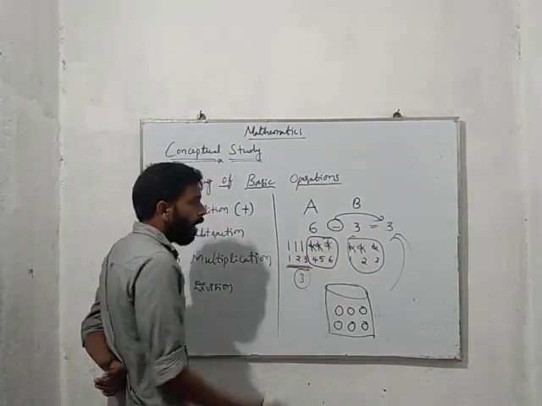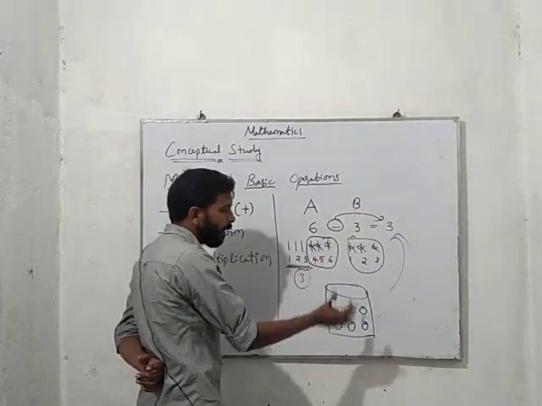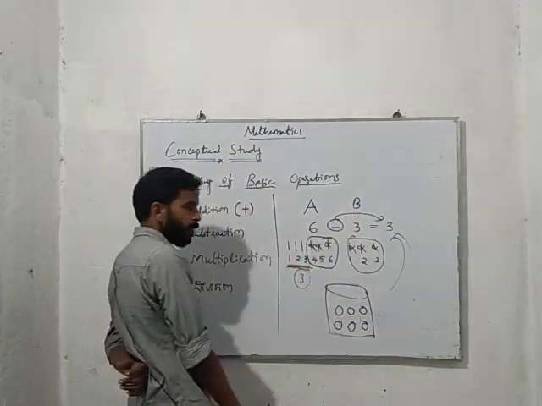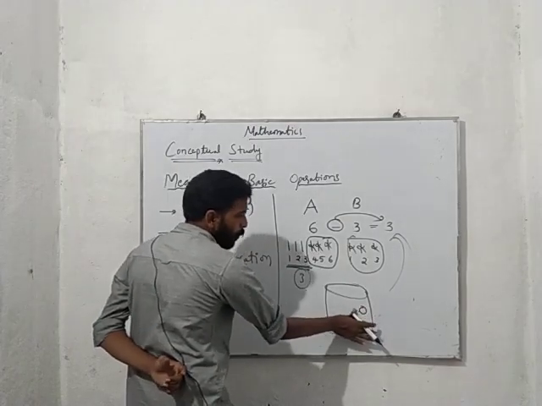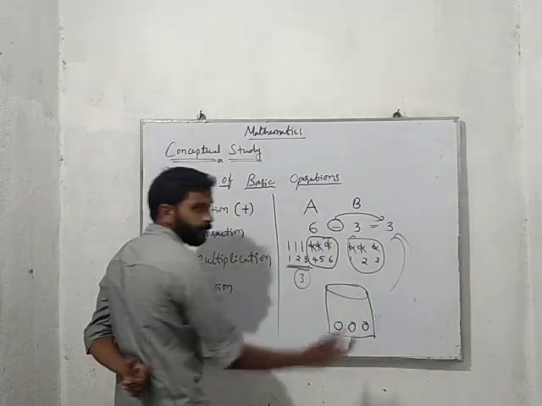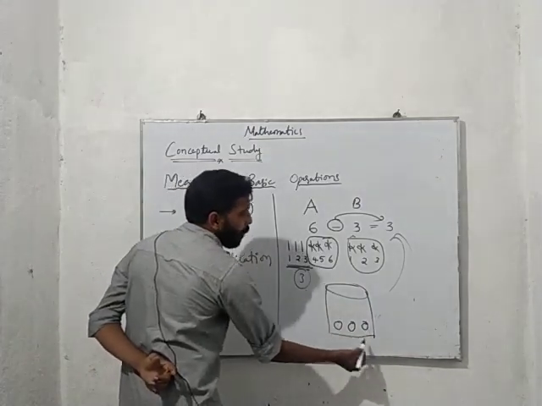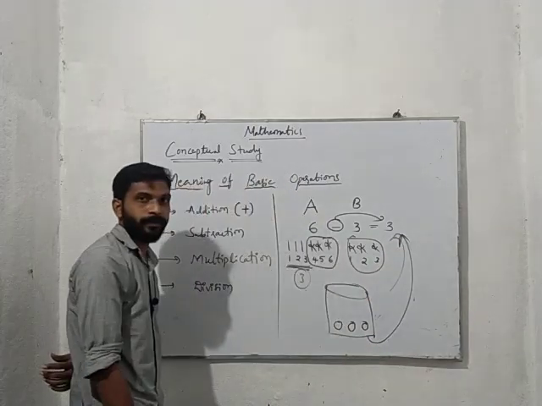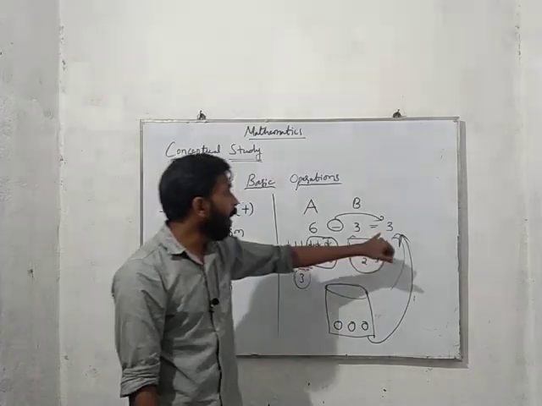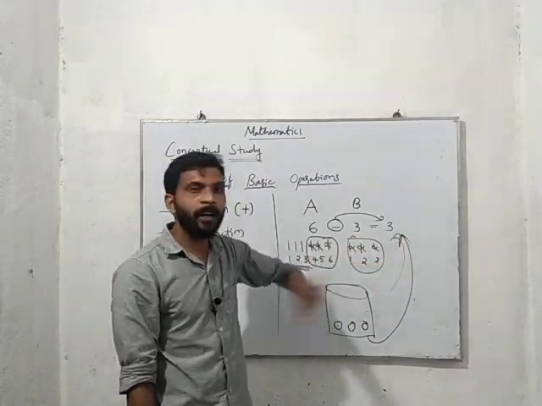How many chocolates does B have? 3. That count of chocolates you must remove from this jar. So first I am removing 1, 2 and 3. What are the remaining? 1, 2, 3. In this jar the remaining chocolates are 3. So that's why we are getting the answer 3. Exactly 3. Other than 3 we don't get anything.